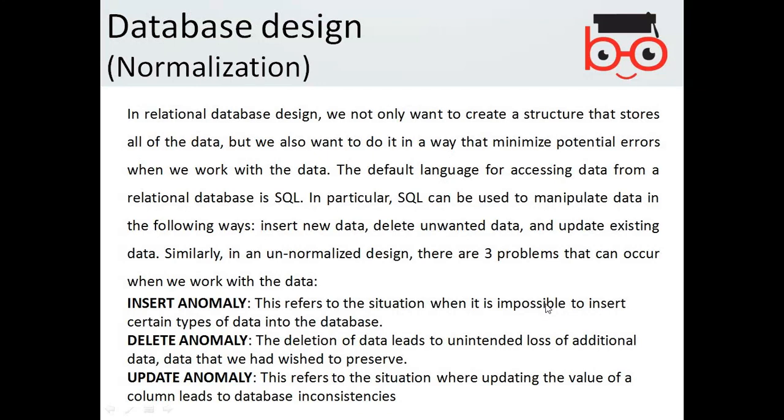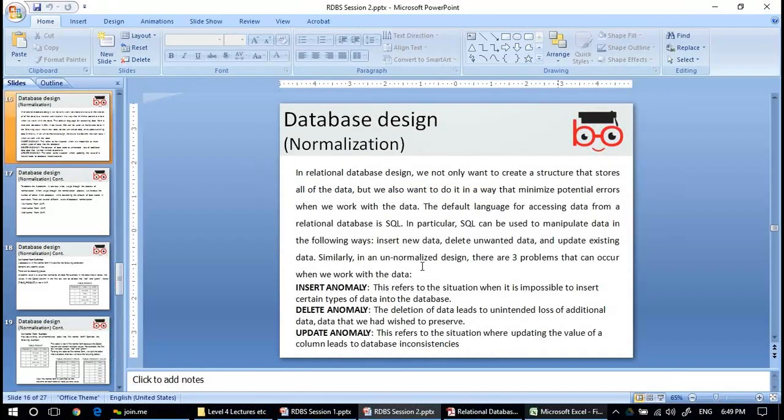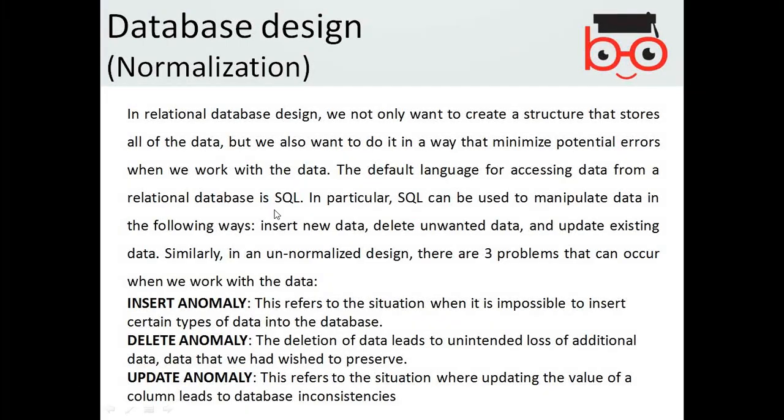Normalization. In relational database design, we not only want to create a structure that stores all of the data, but we also want to do it in a way that minimizes potential errors.